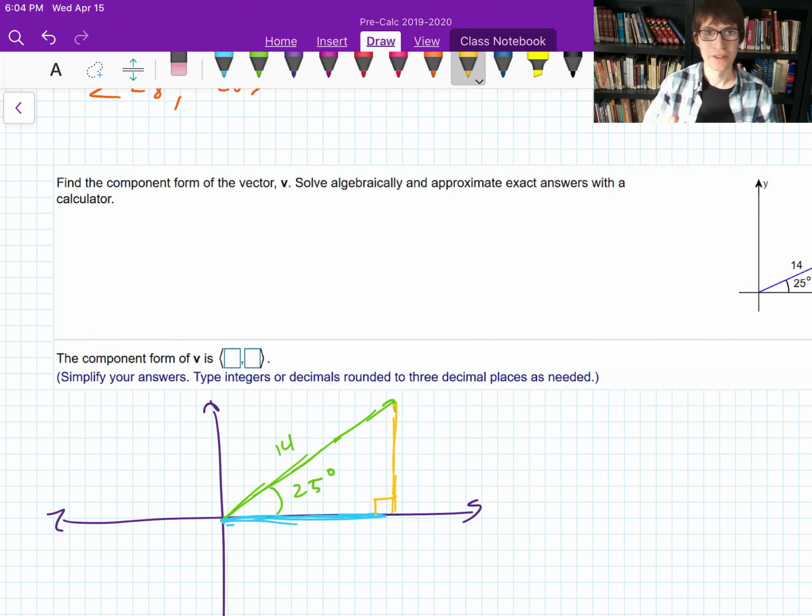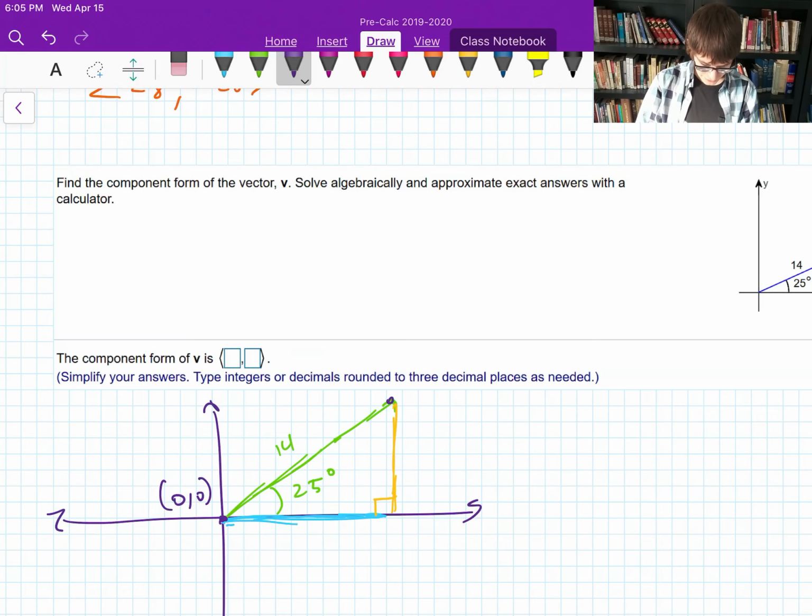Really what we're trying to do, we know it starts at 0, 0. If we can figure out this point up here, the head of the vector, we can figure out the component form, because the component form is just the less than and greater than signs around that second point.